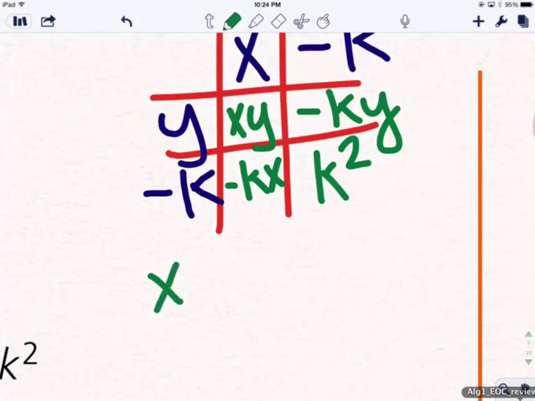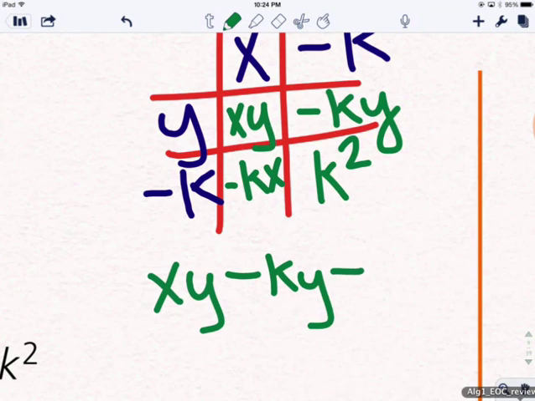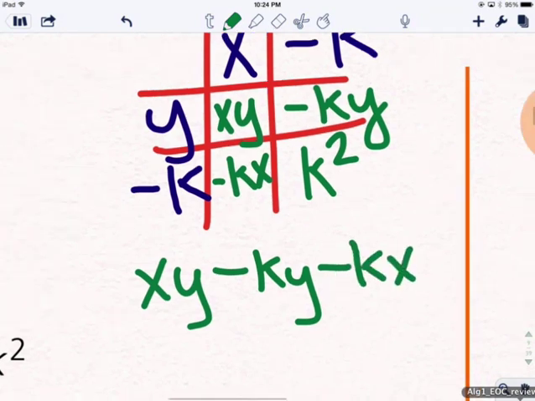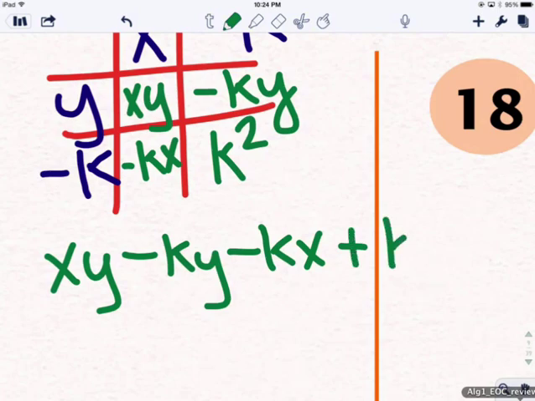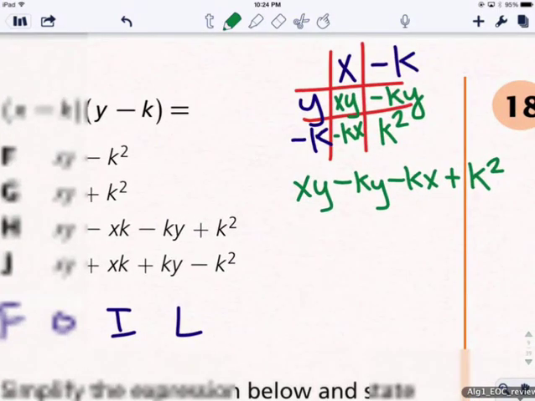So now that we have all of these terms, we add them up. So xy plus a negative ky plus a negative kx plus k squared. Now which answer choice does this correspond to?